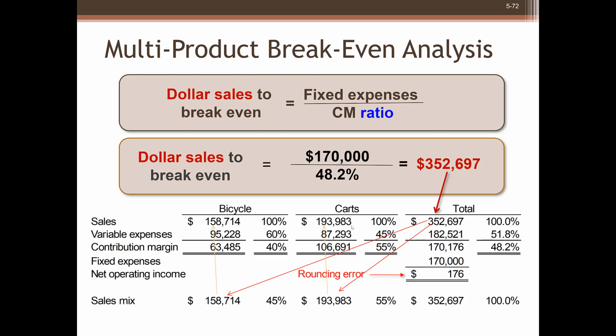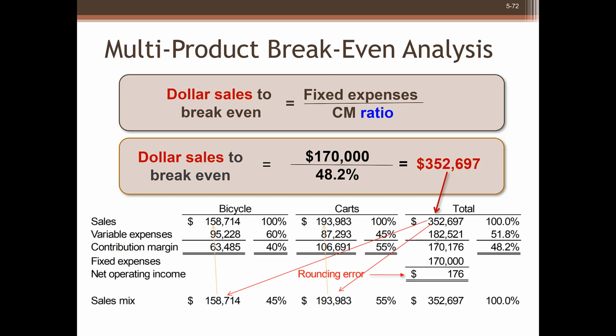Based on the variable expense ratio and contribution margin ratio, we can calculate variable expenses and contribution margin, respectively, for bicycles and for cards. Let's take a look at the total column here. We have sales minus variable expenses.